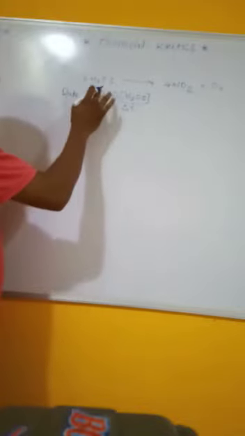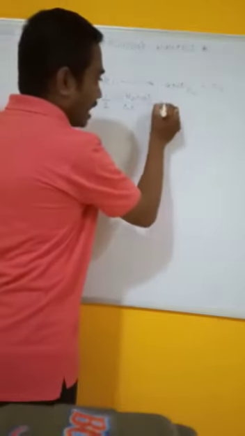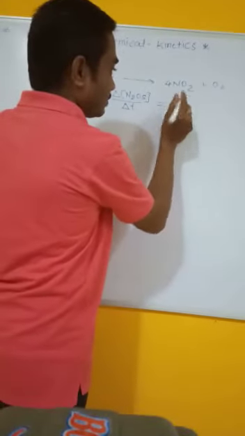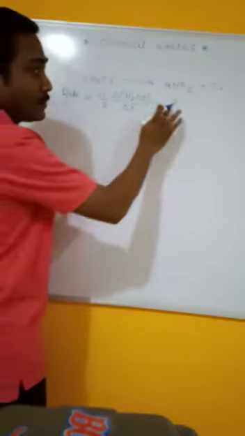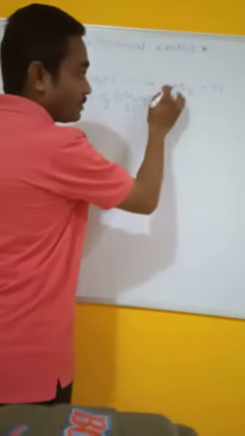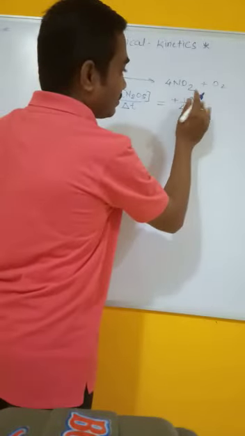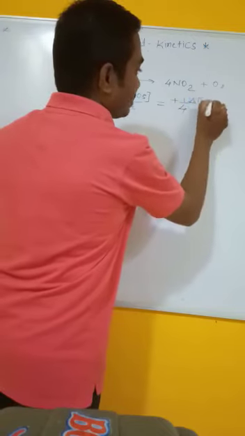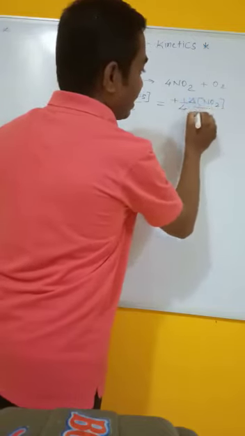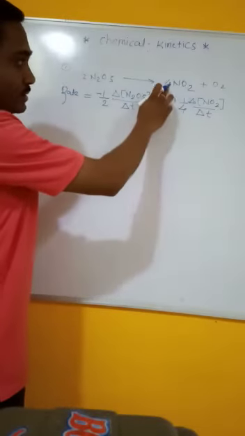Rate is equal to minus 1 by 2 grad N2O5 divided by grad T is always equal to plus. Why do we have to use a plus sign? Because it is a product. For 1 by 4 grad concentration of NO2 divided by grad T. Plus sign for a product.